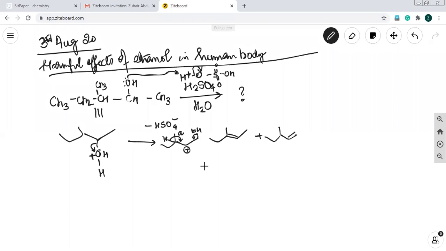So this is 2-methyl... Is it 2-methyl? Two-methyl pent-2-ene.